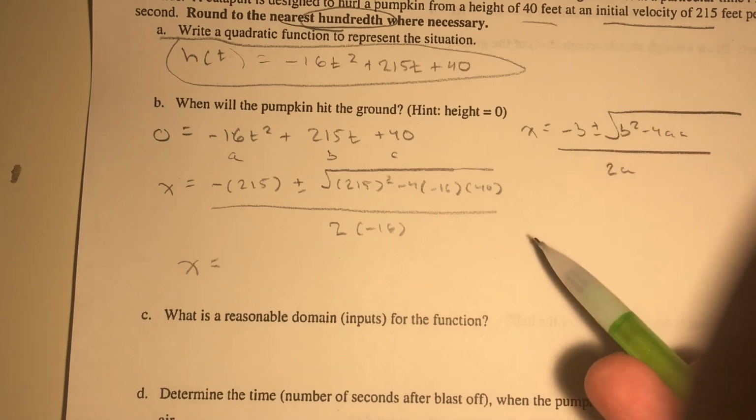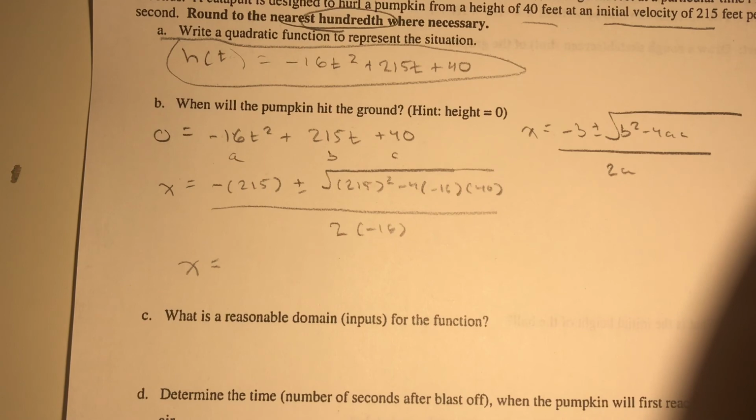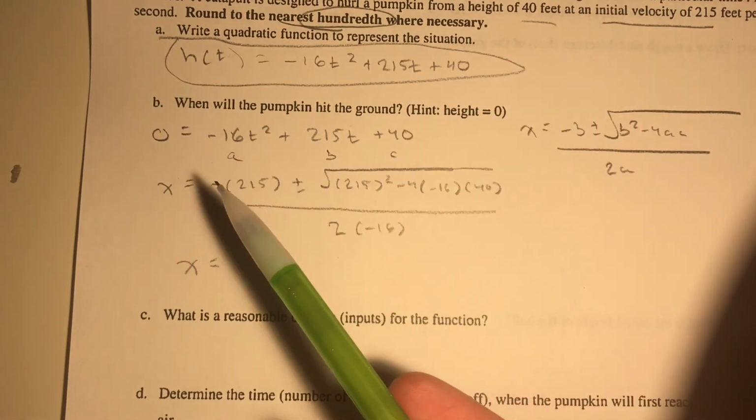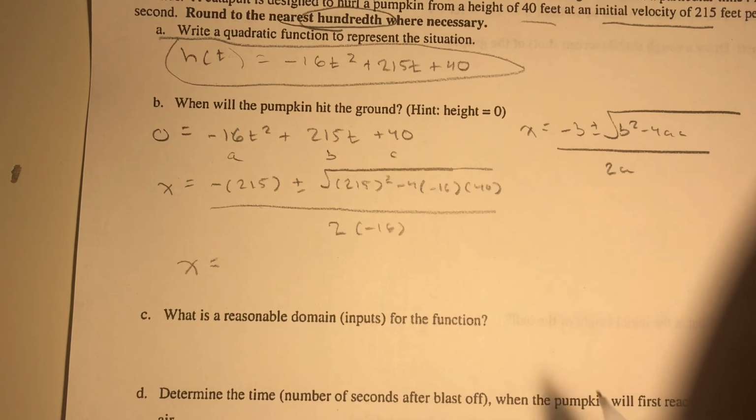And just plug that into your calculator. Remember to do 2 times, because you're going to add the negative 215 to this, and then you're going to subtract that of negative 215.